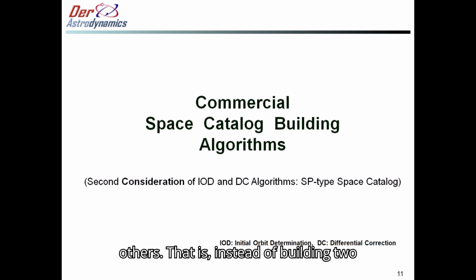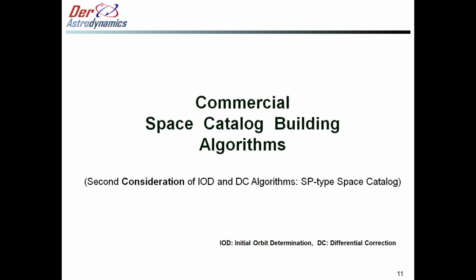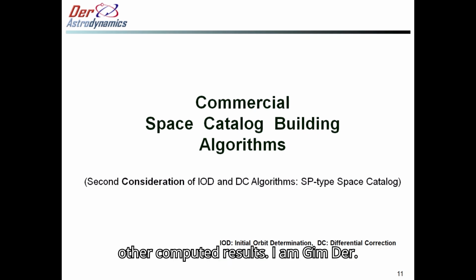That is, instead of building two catalogs, SP and TLE, only the SP catalog is sufficient for catalog maintenance and catalog building, not to mention the problematic TLE conversion and the use of HGB4 become redundant. Also, the SP Windty method provides not just a second opinion to the TLE HGB4 method, but improves and verifies other computer results.